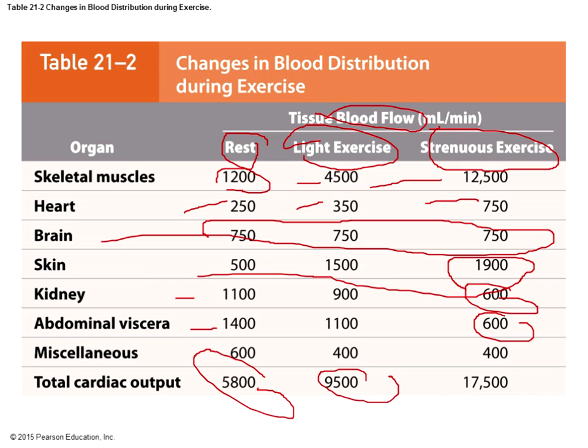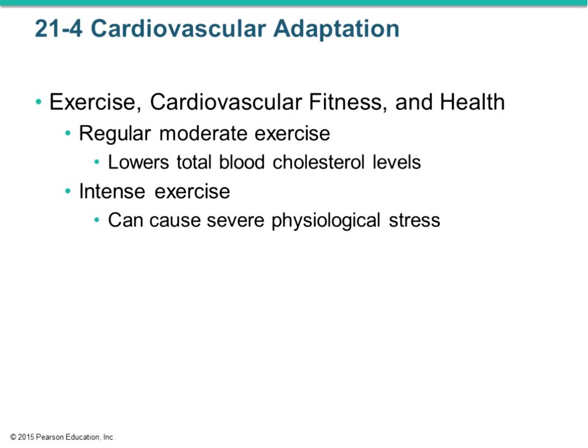But if you look at total cardiac output, light exercise versus strenuous exercise, look how much more blood flow is pumping. And that makes sense, right? Because heart rate's going up, more blood flow is being pushed around, and so you have more cardiac output occurring. So this is a really nice slide that you want to make sure you have a good understanding of what's happening there. Okay?